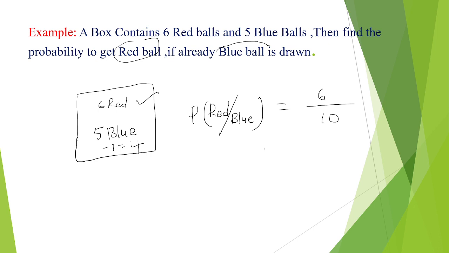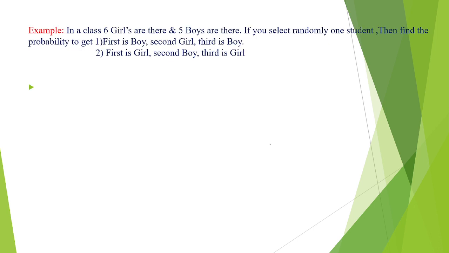This is the case. And one more condition is there. You can see this. In a class, there are 6 girls and 5 boys.